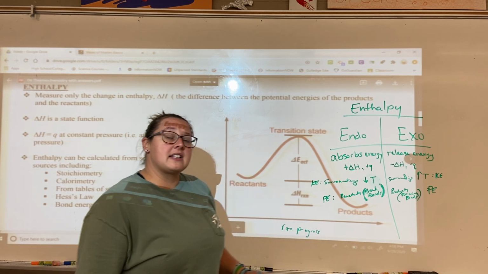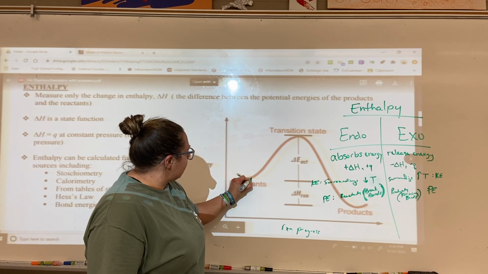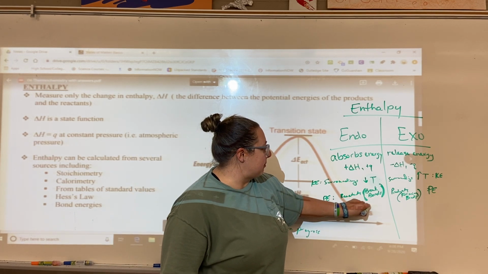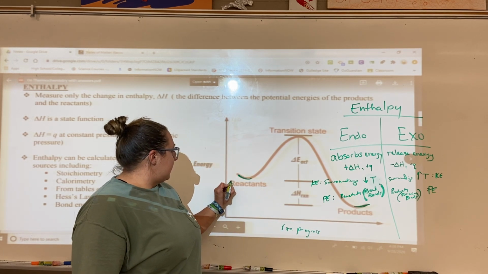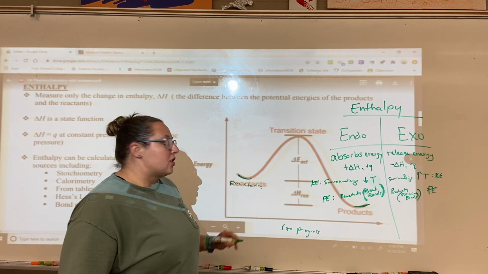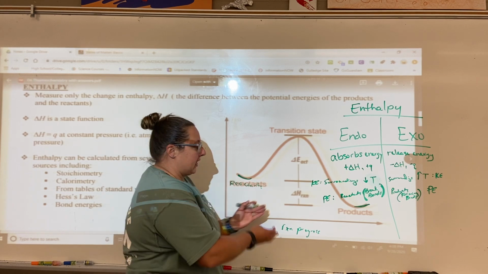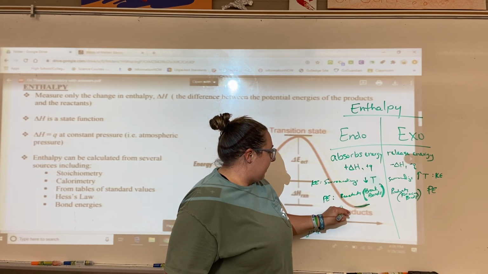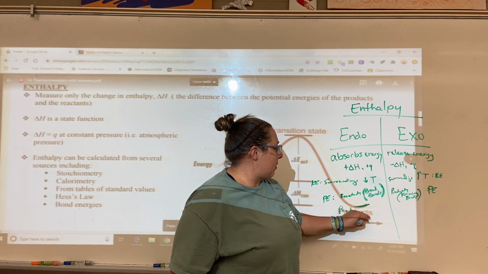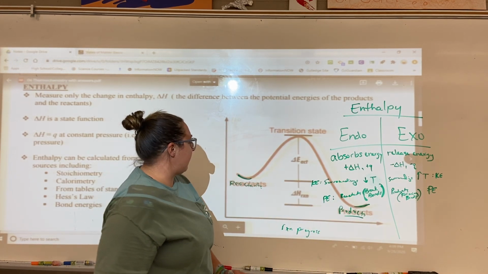Let's see how we do that. You will always have a starting point and an ending point. Your starting point is your reactants' energy, the potential energy that your reactants have. This ending part is where my products are, how much potential energy my products have.